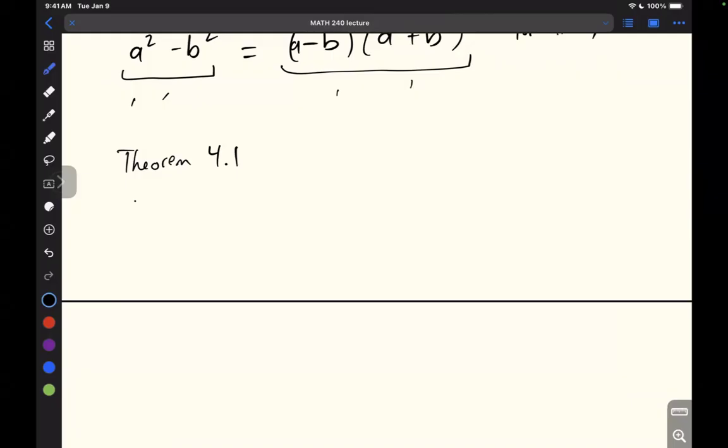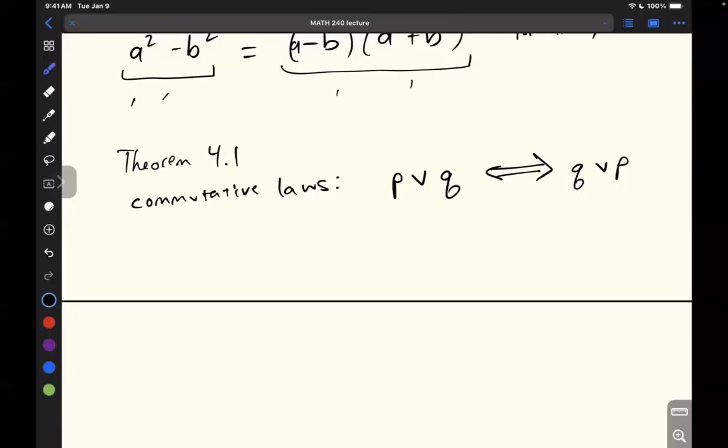And this has our favorite things like commutative laws, which gives us something like P or Q is logically equivalent to Q or P, which feels a bit duh, but is true.